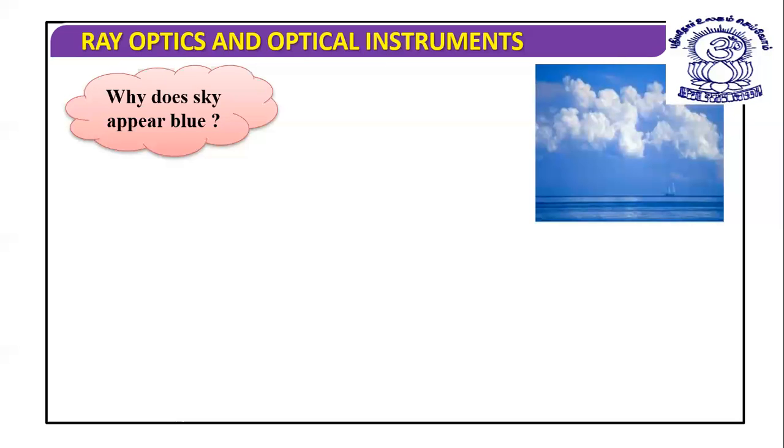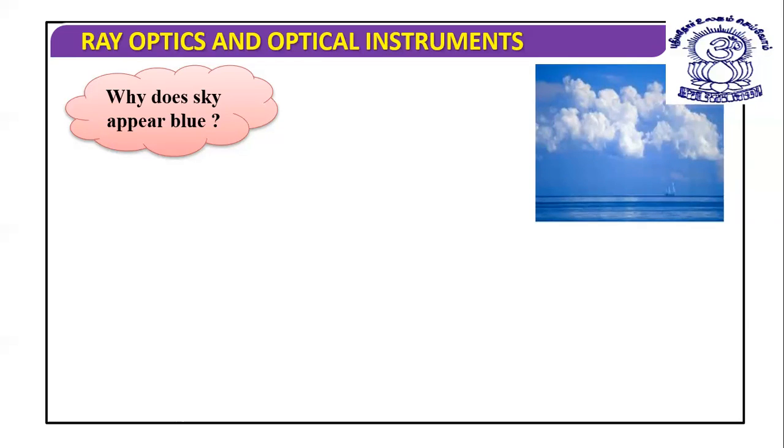Now, let us understand by the phenomenon of scattering, why does the sky appear blue? The raindrops, large dust particles, ice particles scatter with nearly equal wavelengths. Clouds with water droplets are generally white, that we can see in the image. So what is the reason behind the sky appearing blue?